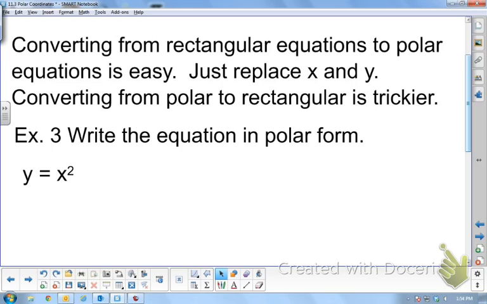And then we also need to be able to convert not only from coordinate form, but from equation form. We want to take this equation, y equals x squared, and write it in polar form. Again, we're still just going to use the formulas we have. Going from rectangular to polar is pretty simple, because all our rectangulars are using y's and x's.